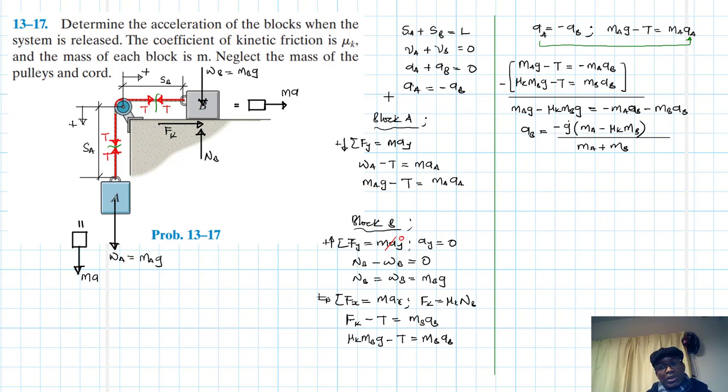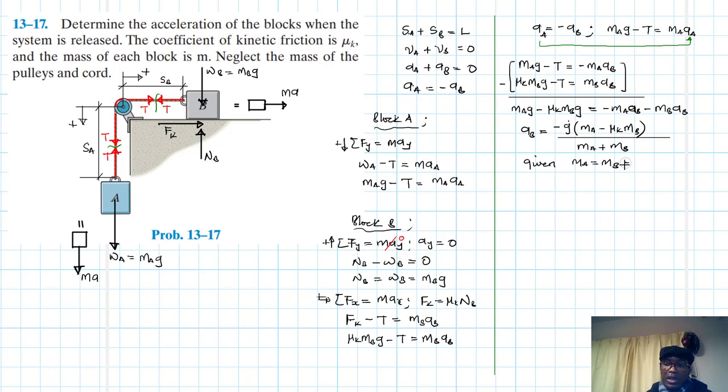So this is the equation, minus. Initially we had chosen this to go the other side, so this minus just indicates that this a_B is supposed to be going in. But given that we have been told that m_A is equal to m_B, this is a general equation that I just gave you here, where m_A is different from m_B.